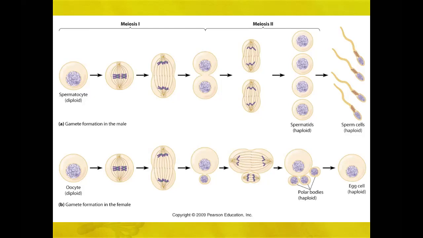But if you take a look at the female here, you'll notice that there's 1 large egg and those 3 small polar bodies, which are typically recycled. This is the one that has the ability to be fertilized. Still haploid, but this is why the sperm cells can be so small: in the oocyte that formed the egg, most of the cytoplasm and most of the organelles end up inside the egg cell.